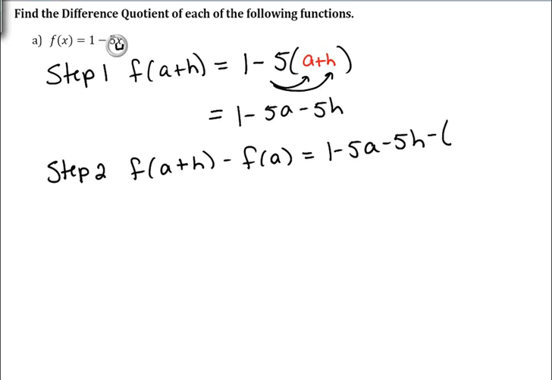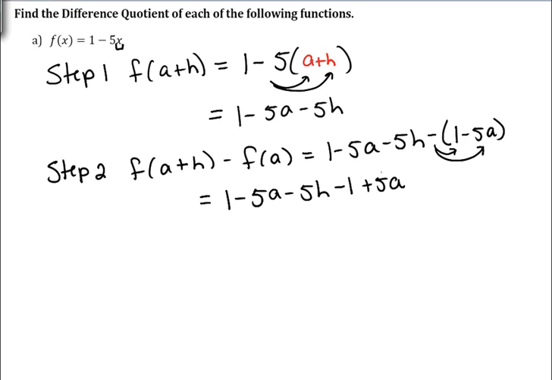So it's just going to be your function, only instead of an x we'll have an a. So that's 1 minus 5a. Make sure that you put this expression in parentheses because you need to distribute this negative sign. So that will give us 1 minus 5a minus 5h, and then minus 1 and plus 5a.